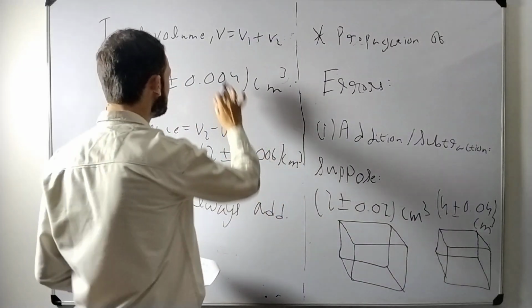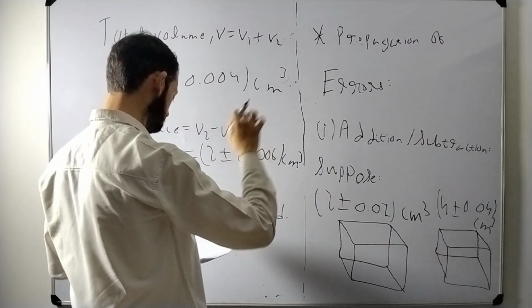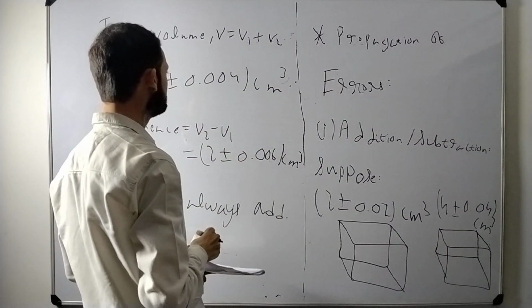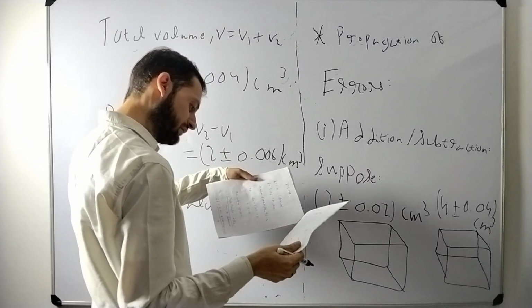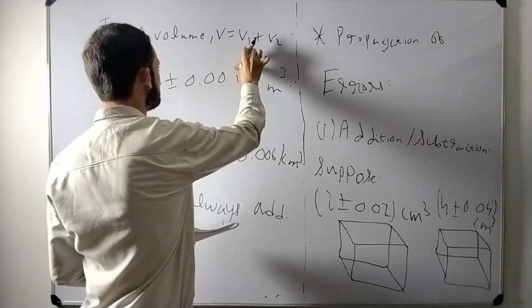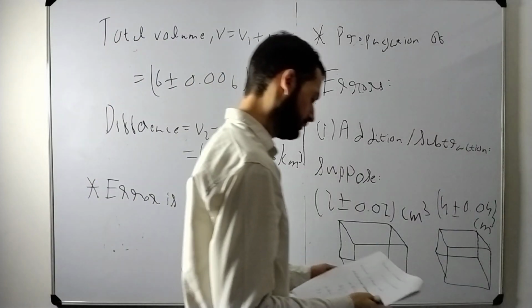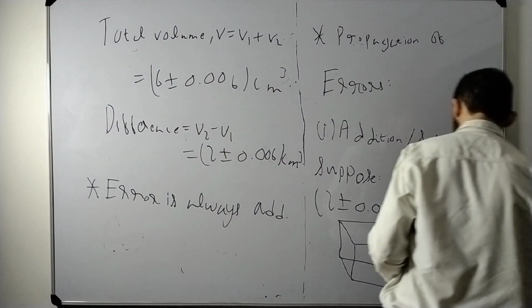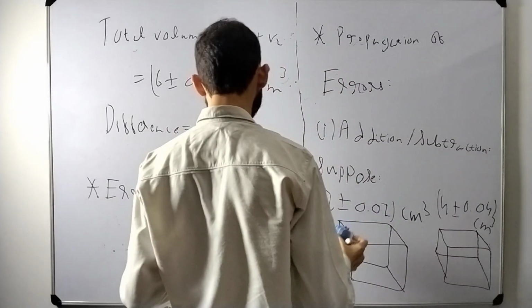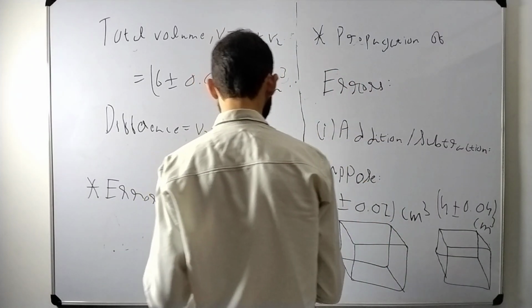Okay, error is always added. It should be then 0.6. Yes, my dear, this should be 0.6. You were right. Error is always added.